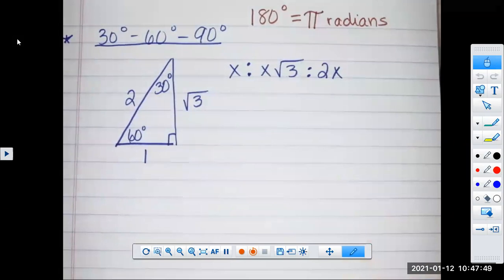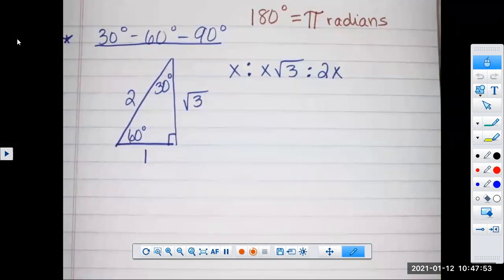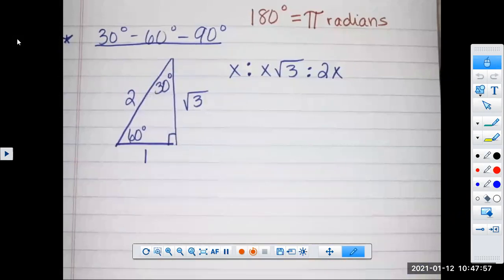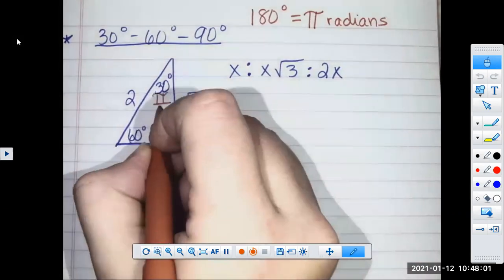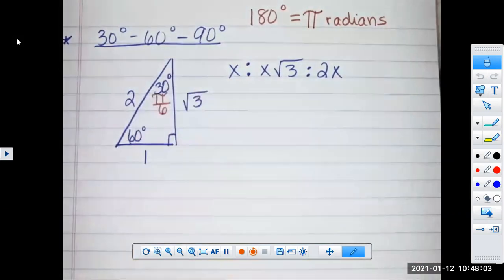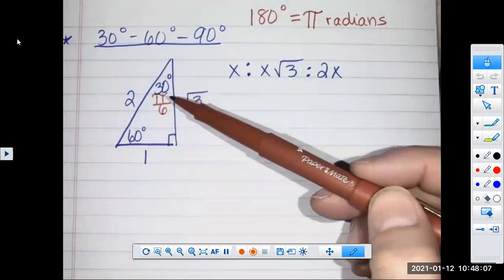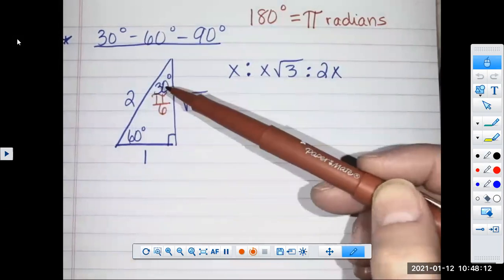So in this section for 4.3, you're going to see angles given to you in both forms. 30 degrees in radians is pi over 6. All you have to do to convert from radian measure back to degrees is simply plug in 180 for pi. So 180 divided by 6 gives you 30 degrees.